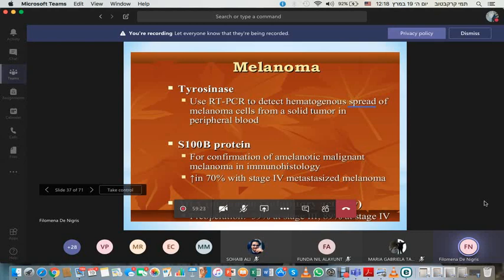Before surgery also we can ask for this kind of marker, because if we have a marker of spreading, a very aggressive tumor, when we have to perform surgery, we have to increase the margin of resection, to have a big resection, able to eliminate a very large amount of tumor mass.